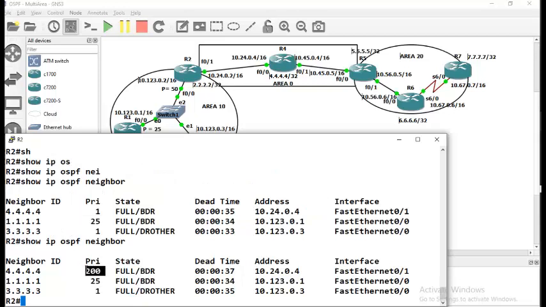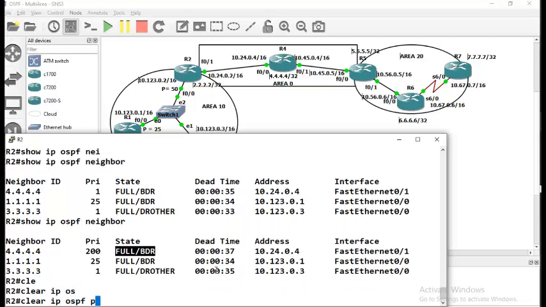You see, I set 200 there, and it is reflecting here. Even though it is 200, it is still a BDR. When will this become DR? The re-election should happen. Only then will the priority be compared again and the position be given. So let's do the re-election process.